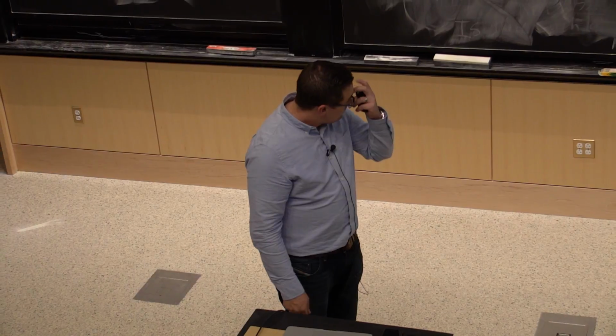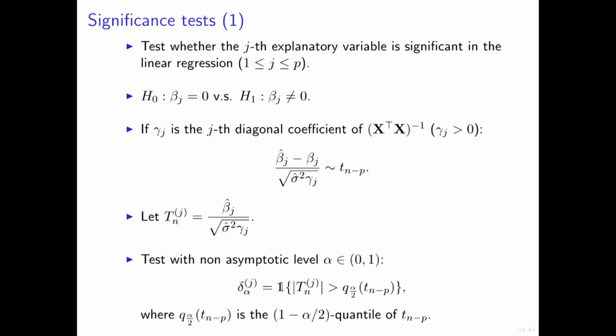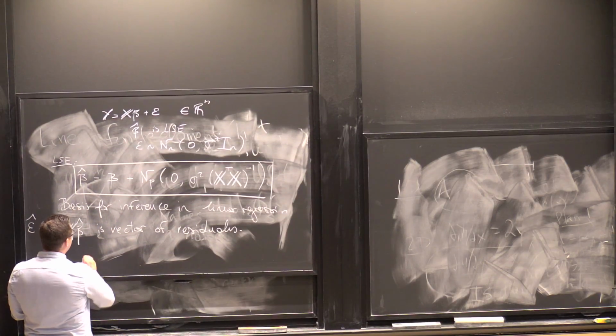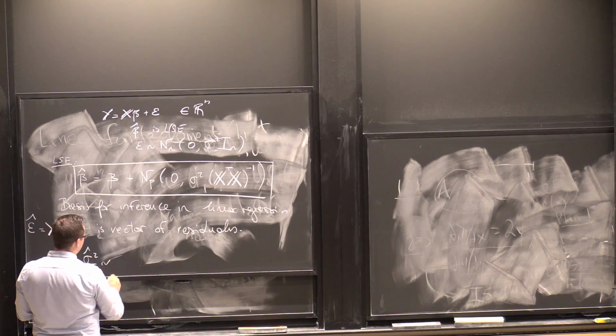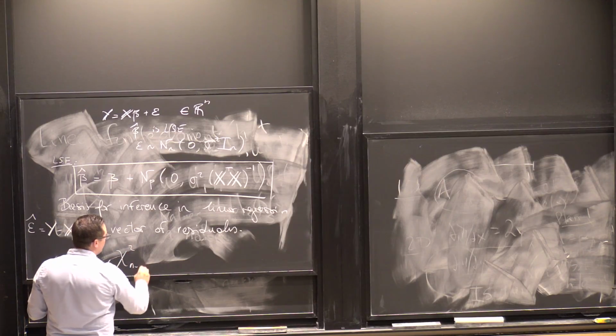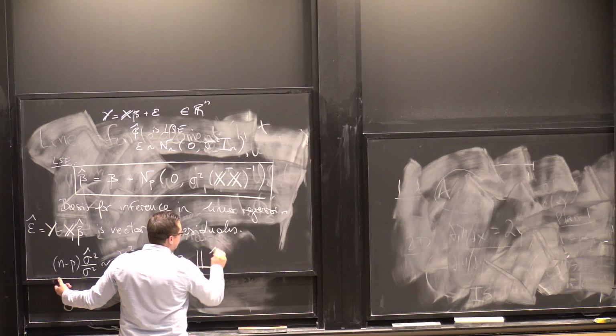So we left off on this slide last time. And the other thing we want to use: that's good for beta hat, but since we don't know what sigma squared is, if we knew it, that would totally be enough for us. But we also need this extra thing: n minus p times sigma hat squared over sigma squared follows a chi-squared with n minus p degrees of freedom, and sigma hat squared is independent of beta hat.